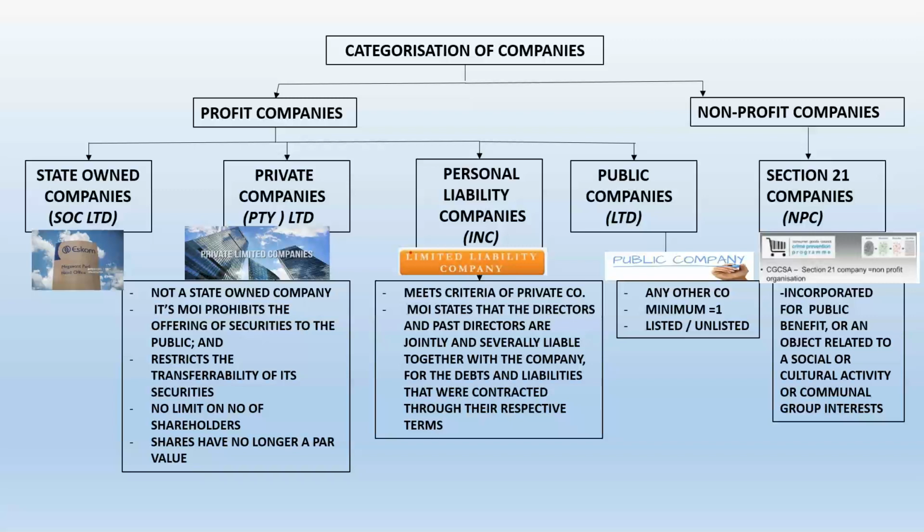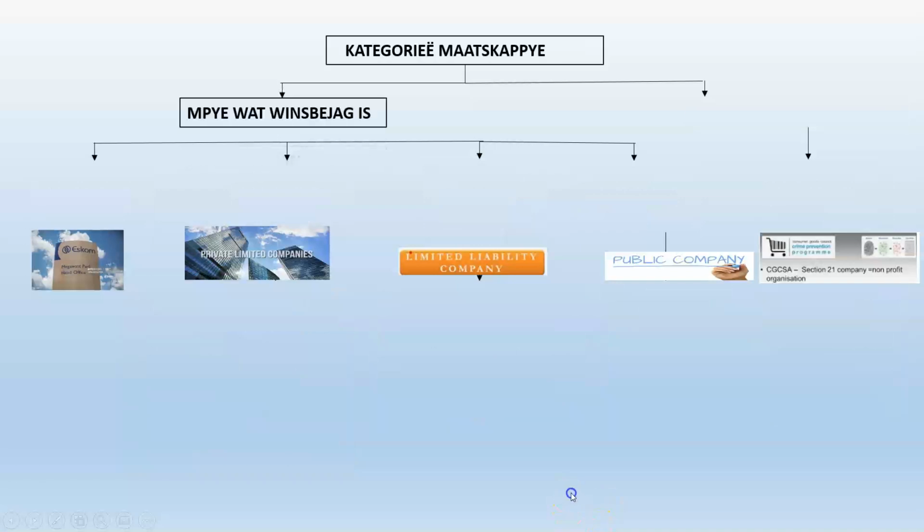They use that money that they receive by way of donations to purchase all the stuff needed in order to help wherever their help is needed. So it is all about social or cultural activity and communal group interest. All that money that they raise is going to be plowed back into the community eventually.